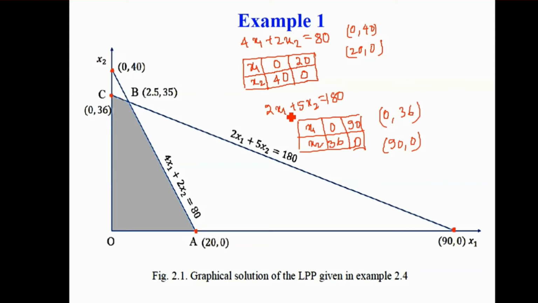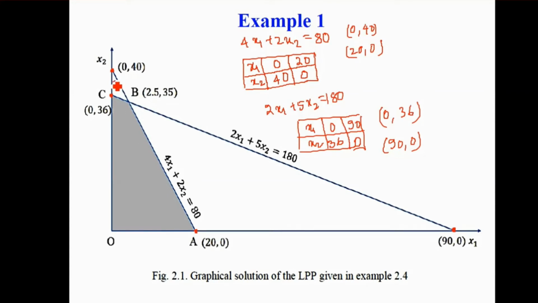Now after doing that, we will see what the region will be. For the first straight line, we have to look at the x1 and x2 combinations so that it is less than or equal to 80, with x1 greater than or equal to 0 and x2 greater than or equal to 0.